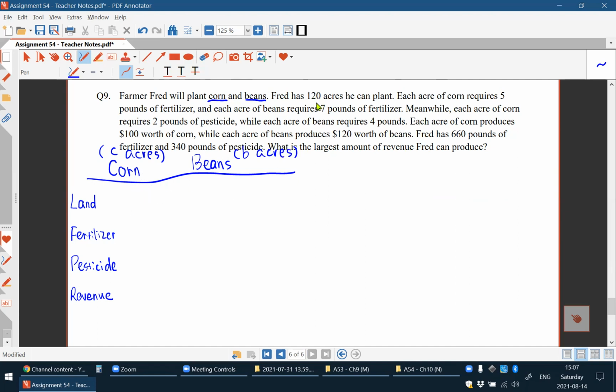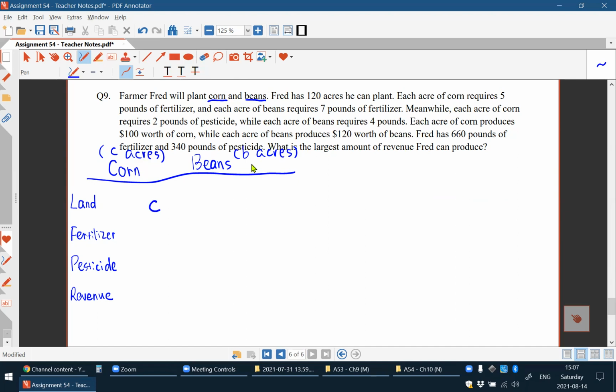According to the statement, each acre of corn requires one acre, so if I have grown C acres of corn, the land size the corn occupied should be C, right?